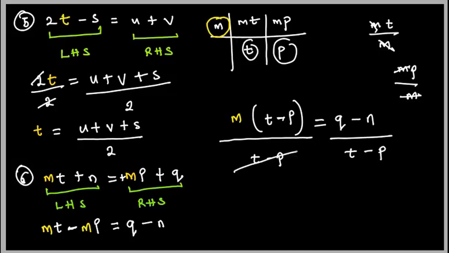The t minus p will cancel t minus p. Then we have m left. And m becomes equal to q minus n all over t minus p. And this is the answer for this question.